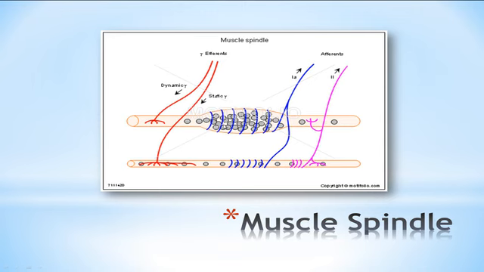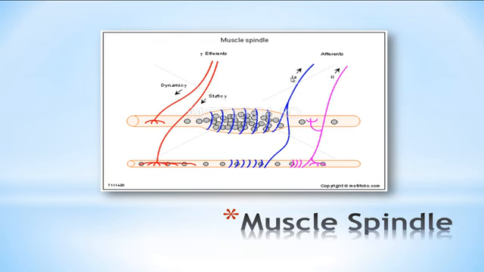So when the muscle is quickly stretched, that bag deforms, the nerve is stimulated along this 1A afferent nerve, turns around and comes back to an extrafusal efferent motor nerve, telling the muscle to contract.